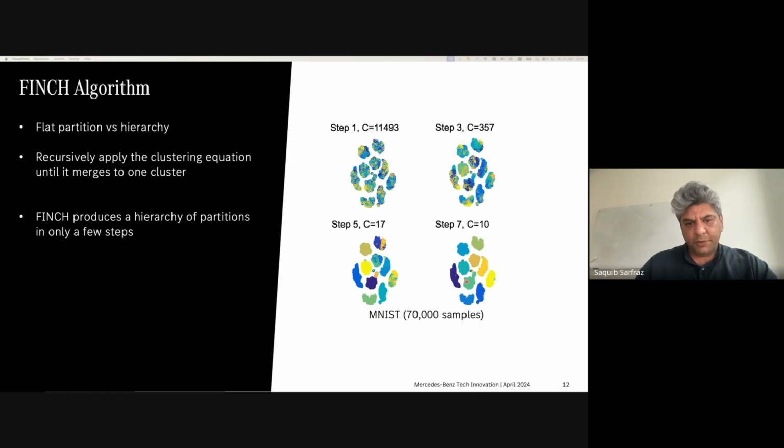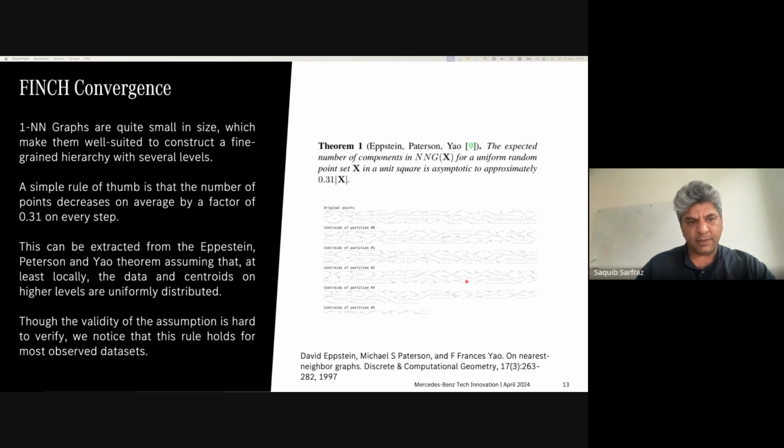So this is an important point, that how many recursions you would typically need to ingest all of the data and produce an hierarchy, right? And one can see this also. There are some theoretical reasoning behind it as well. For instance, because we are building this one nearest neighbor graphs, and they are quite small in size, which also make them well suited to construct a fine-grained hierarchy with several levels, right?